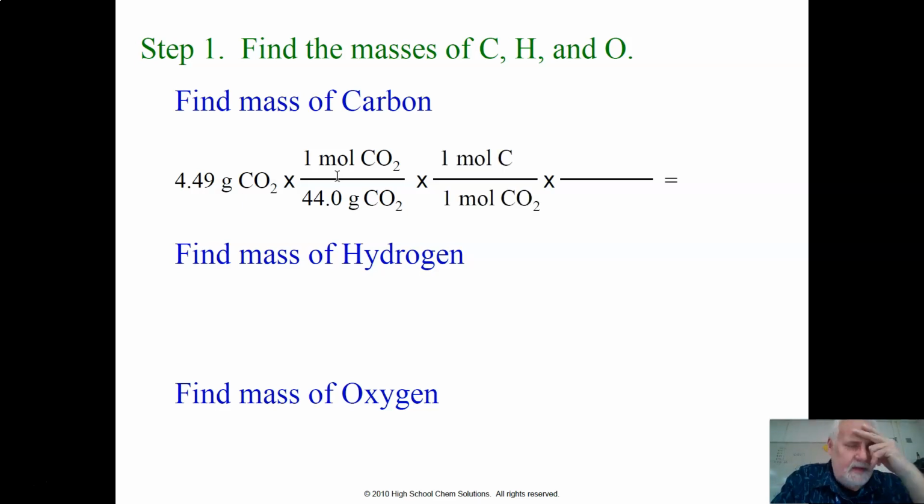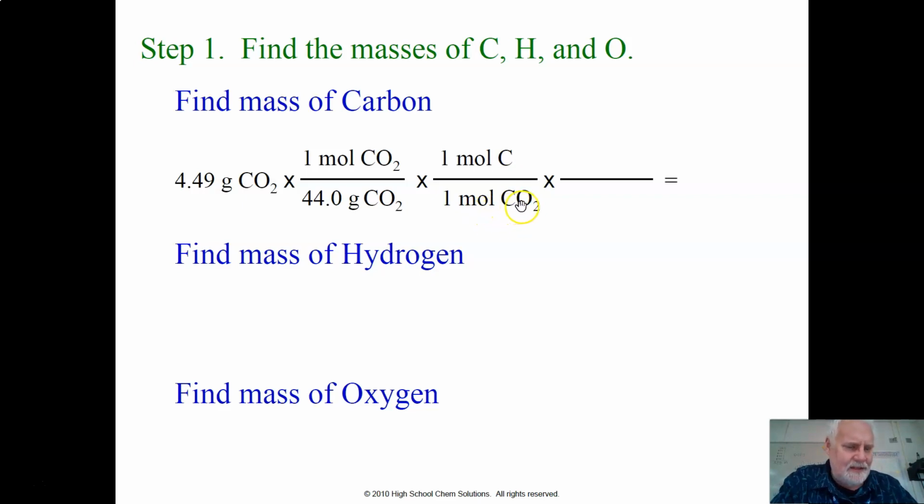Now, there is no balanced chemical equation, but you can do a mole-to-mole conversion from the formula. Because if you have a mole of CO2, you would also have a mole of carbon. Now remember, mole is you're counting something. So let's go back to our dozen example.